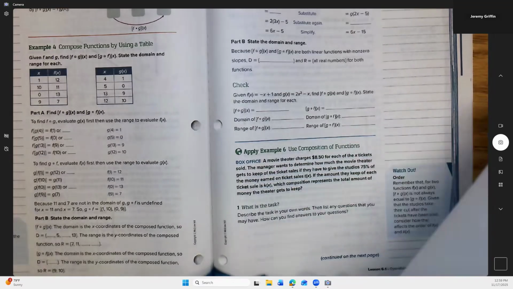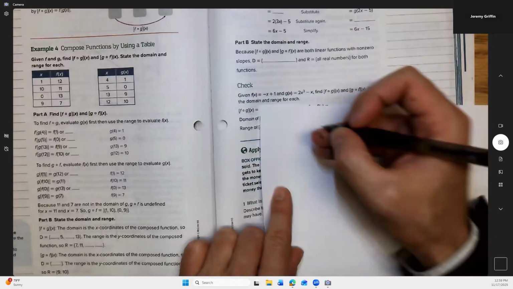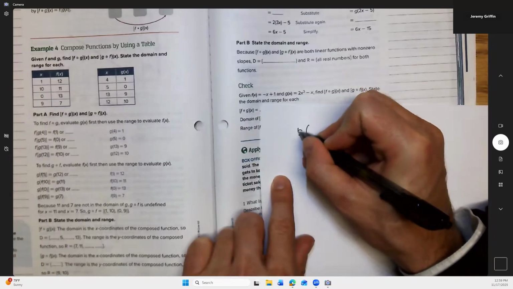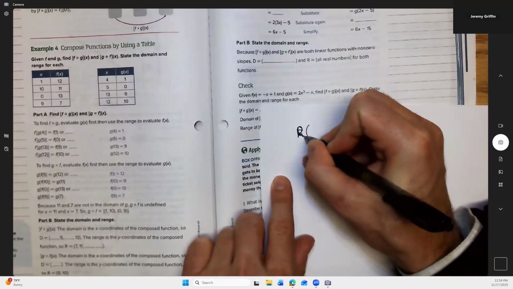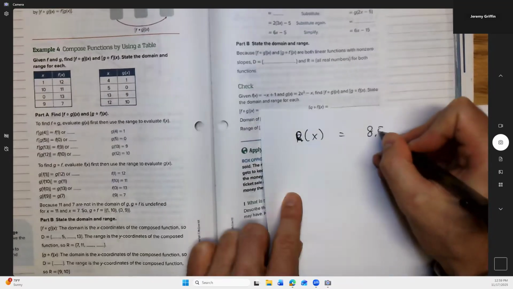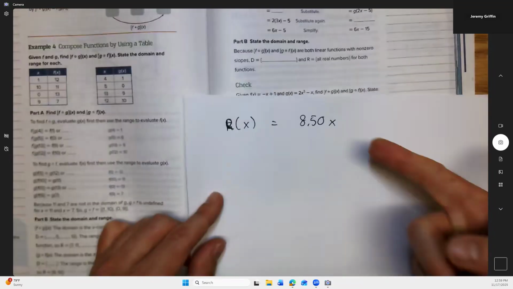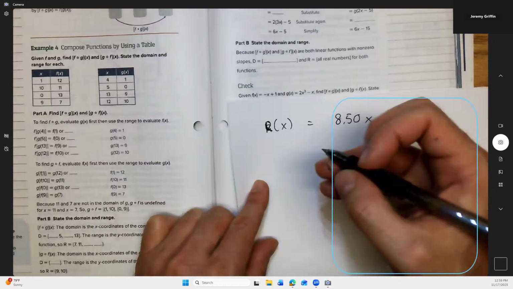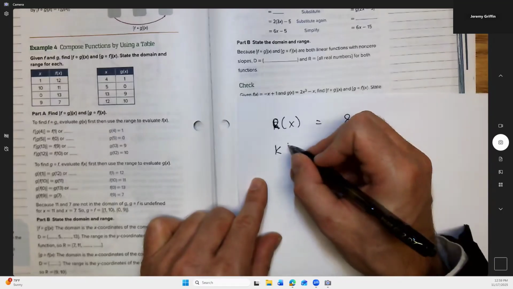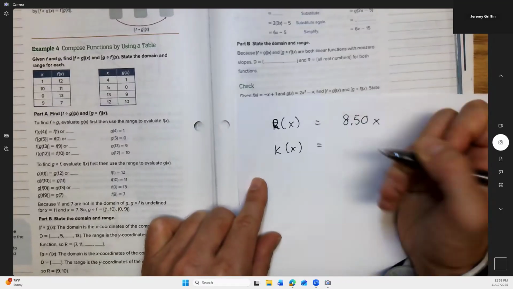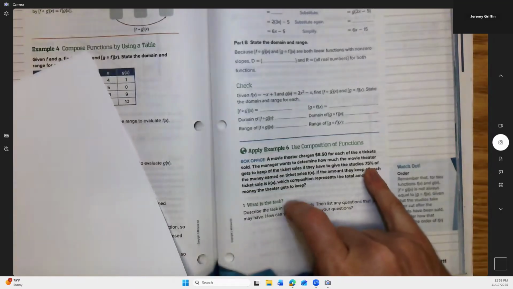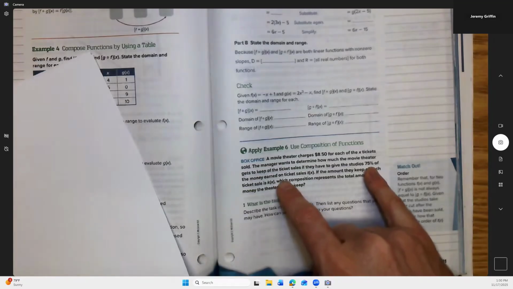Let's say revenue. Let's call it R, a function of x. So R for revenue could be $8.50 times the number of tickets, and the number of tickets is x. But what they're allowed to keep is 25%.